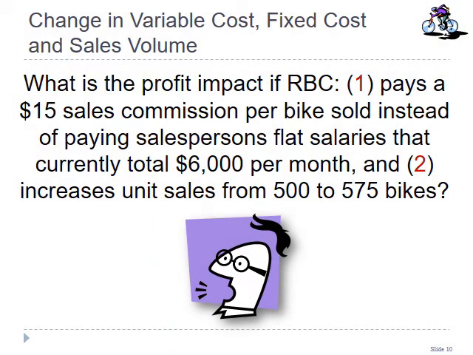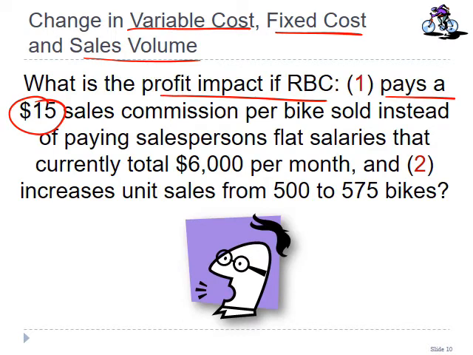So now add more flavor of complexity to this question. Let's talk about change in variable cost, fixed cost, and sales volume all together. So what is the profit impact on RBC if they have to pay a $15 commission per bike sold instead of paying the salesperson a flat salary?